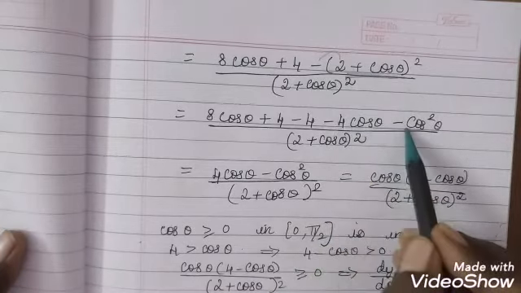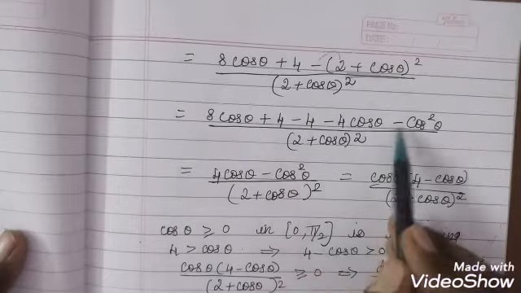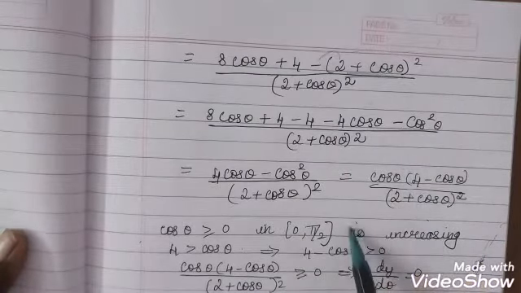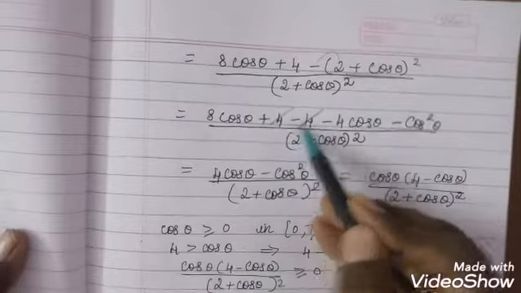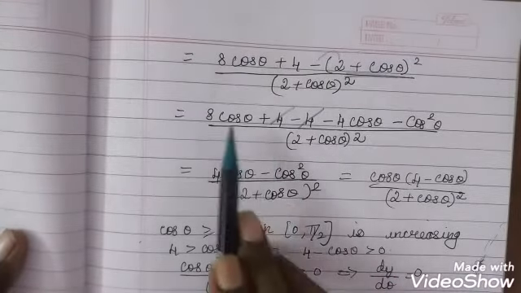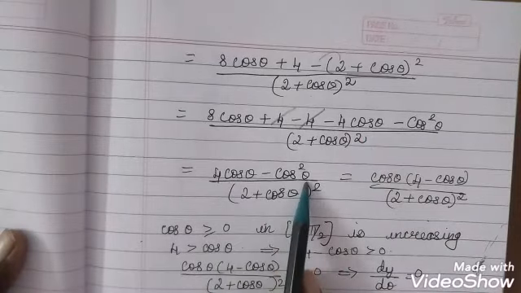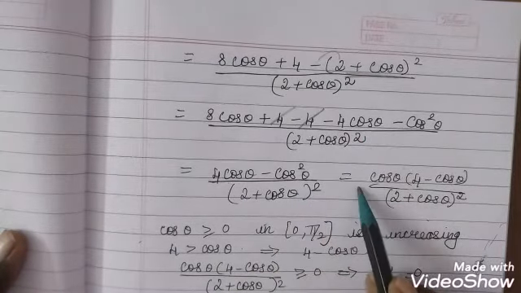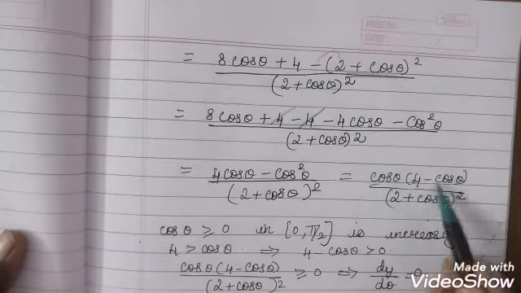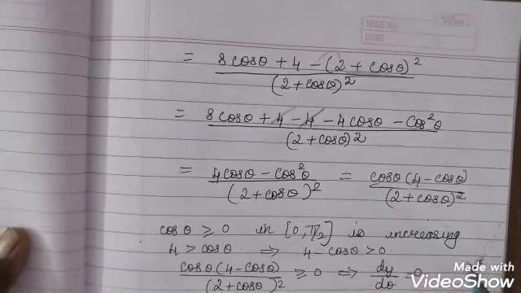So plus into minus is nothing but minus. So it's minus cos square theta divided by 2 plus cos theta the whole square. So your plus 4 and minus 4 get cancelled. So 8 cos theta minus 4 cos theta is what? 4 cos theta minus cos square theta.